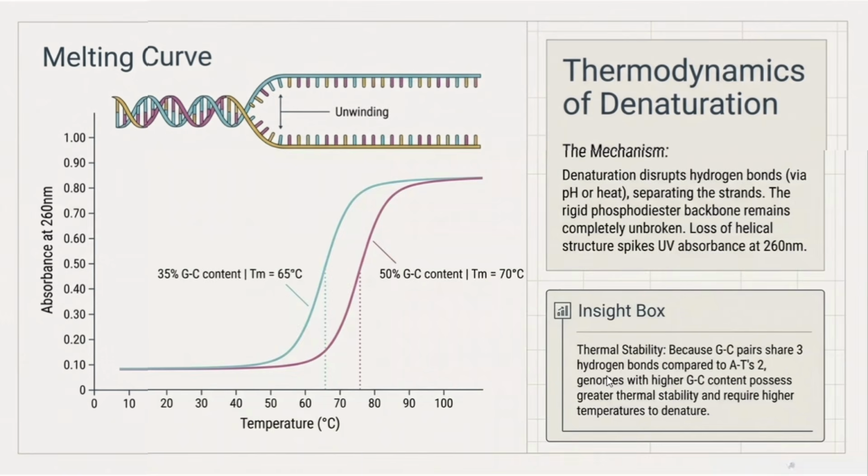The main reason is that GC pairs share 3 hydrogen bonds compared to just 2 in AT pairs, which means higher thermal energy is required to break the GC pairs, which requires higher temperatures to denature.